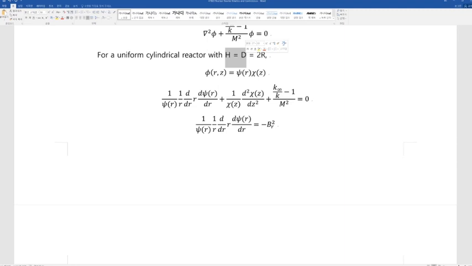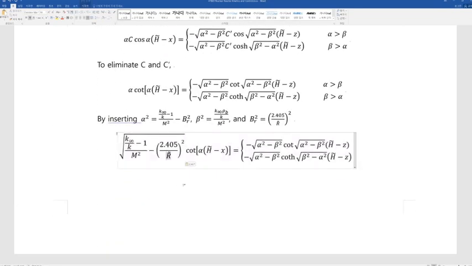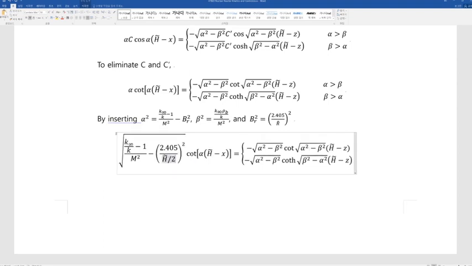That means R or R tilde will be half of H. So to reduce the unknowns, instead of R tilde, we are going to use H tilde divided by 2.